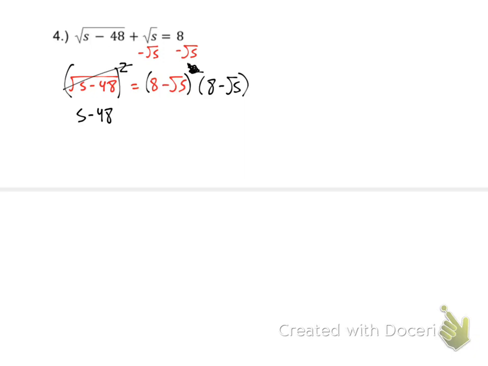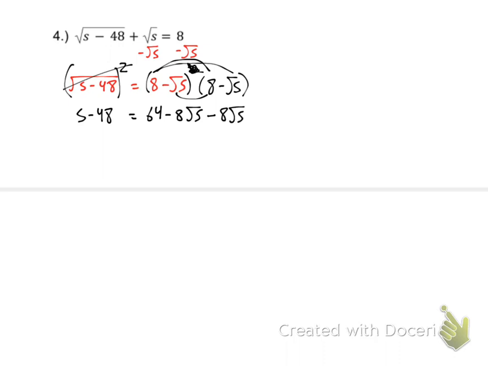Squaring means to multiply it by itself. And now, four-letter F word, FOIL, first times first. 8 times 8? 64. 8 times a negative square root of s is a negative 8 square root of s. A negative square root of s times 8 is another negative 8 square root of s.